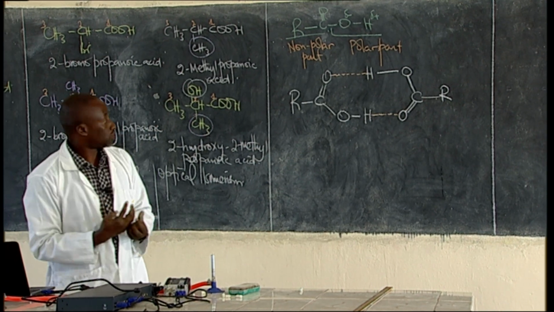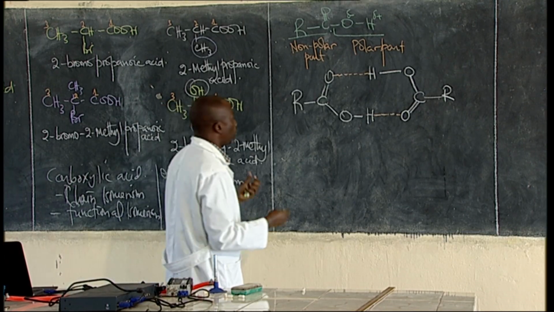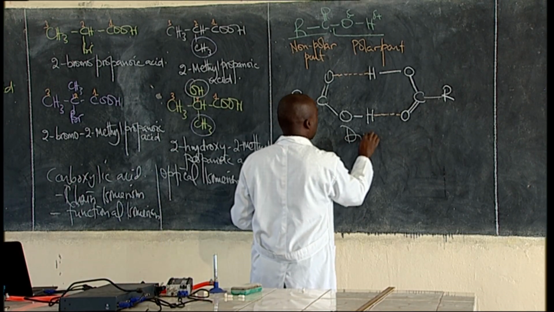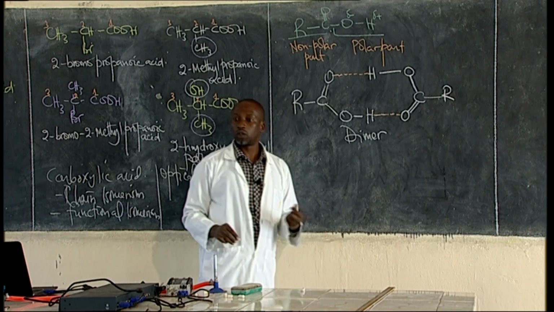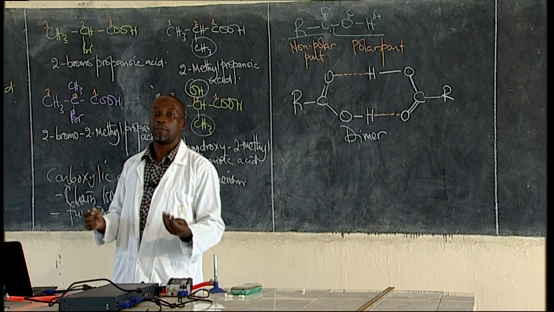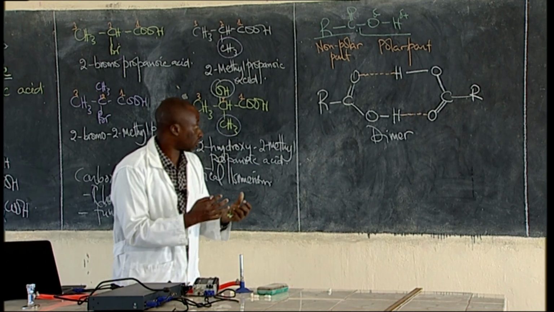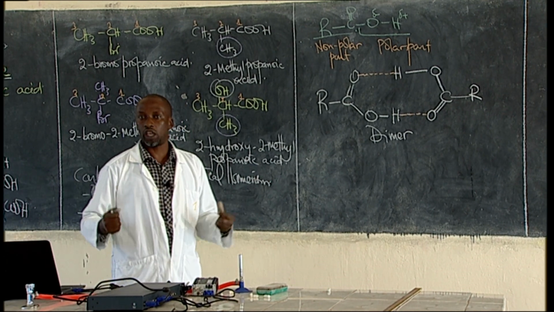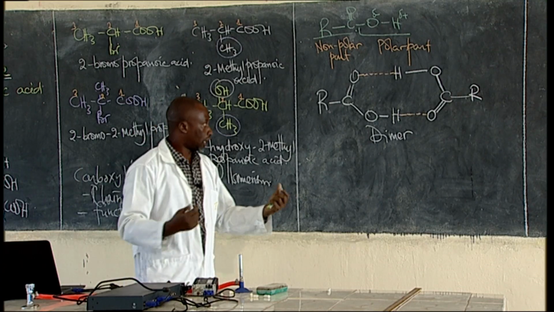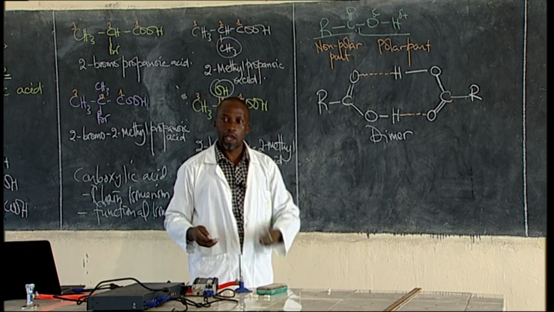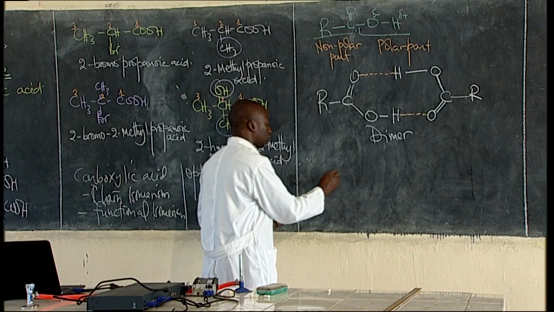If the molecules associate together, they form what we call a dimer. A dimer is formed as a result of two molecules coming together to form a bigger molecule. I just remind you of one of the dimers that is very common.